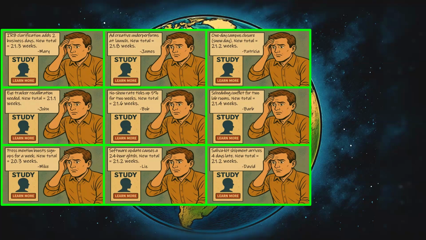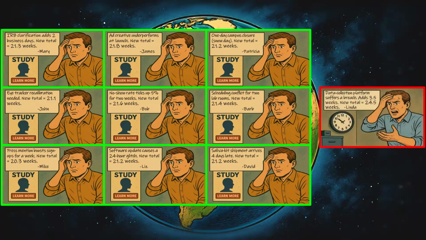The confidence interval upper boundary and lower boundary still contained those delayed estimates even after those things happen in 9 of the 10 cases. And it was only in that data breach where the confidence interval was violated and the new estimate, the updated best guess, was outside of the confidence interval. It went beyond those 23.7 weeks.